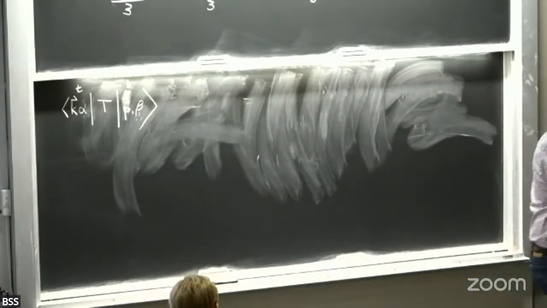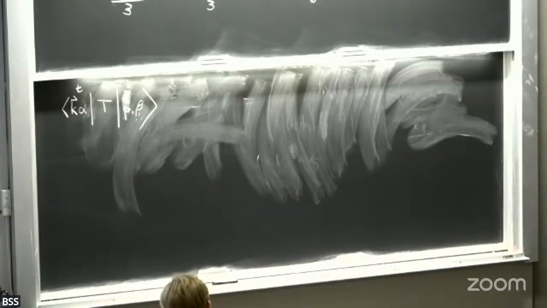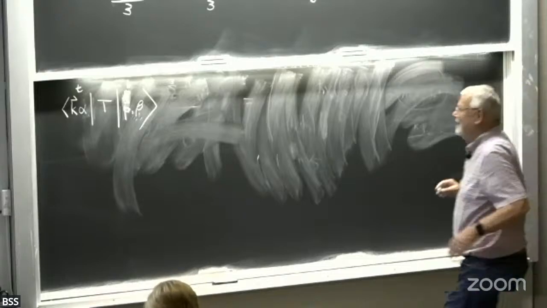So in this continuum K dot P model, I have spinor wave functions, so arbitrary wave functions, using a momentum representation. Or right here, I'm still with the tight binding model.